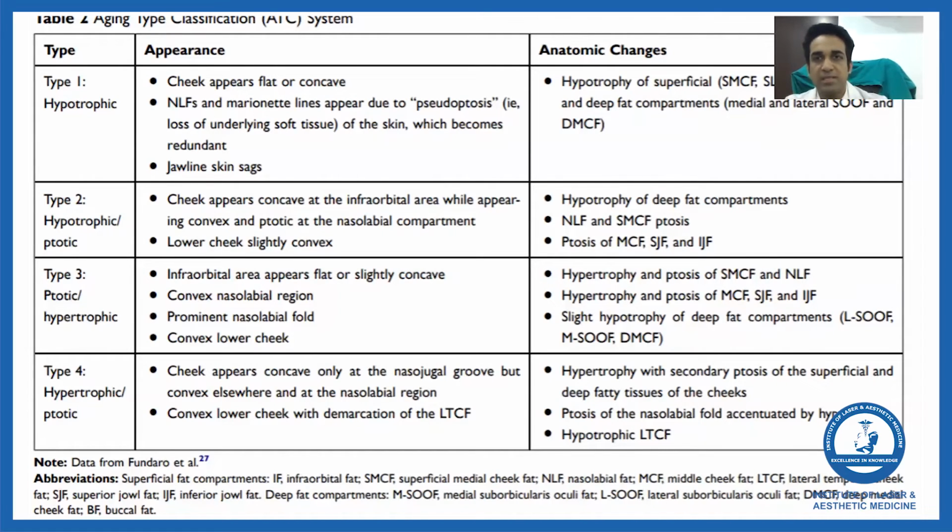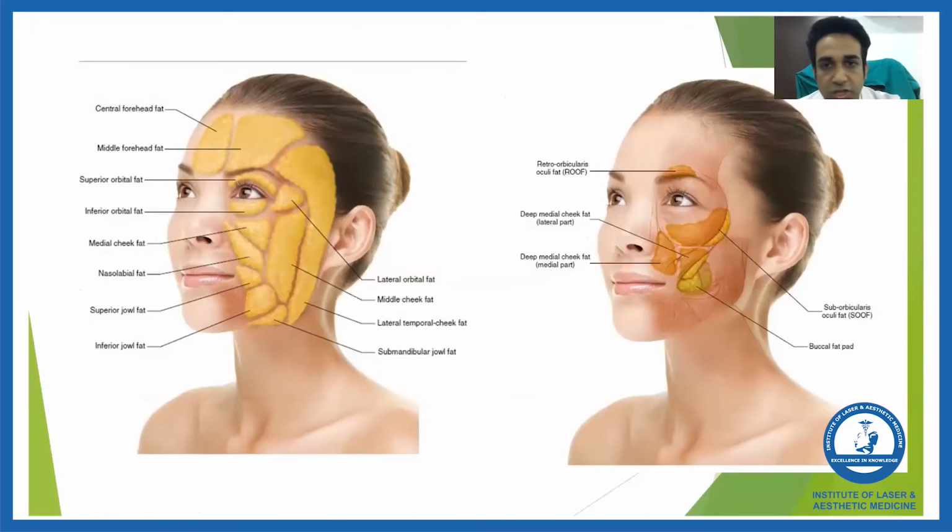So which muscles or which particular fat are we talking about here? You look at the hypertrophy of superficial medial cheek fat. Remember we talked about medial cheek fat. Superficial medial cheek fat we are talking about somewhere here. Nasolabial fat would be somewhere here.